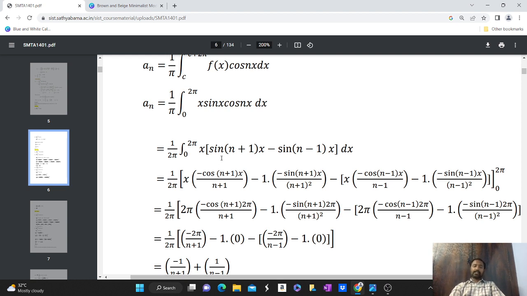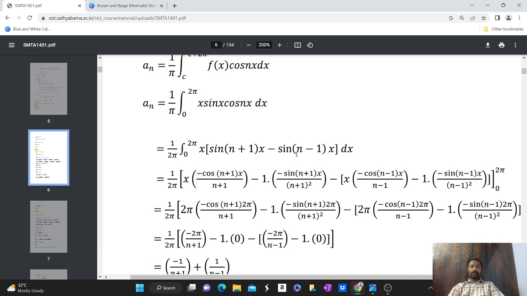Once again I will tell, cos a sin b means sin a plus b minus sin a minus b divided by 2. So taking the 2 outside, 1 by 2 pi integral 0 to 2 pi of x sin n plus 1 x minus x sin n minus 1 x.